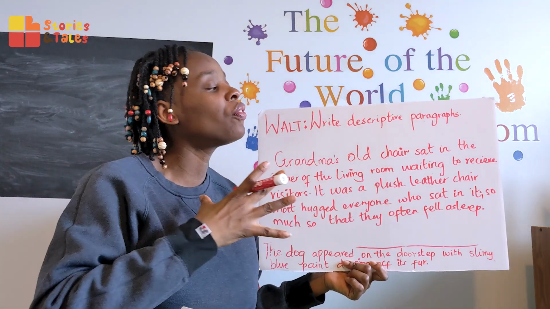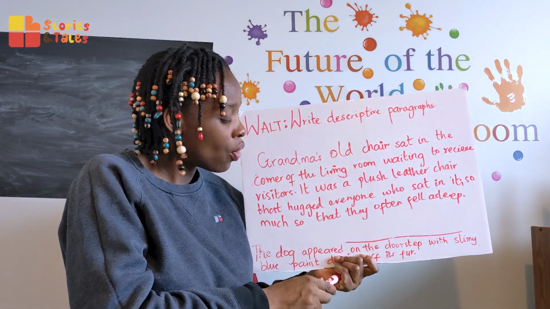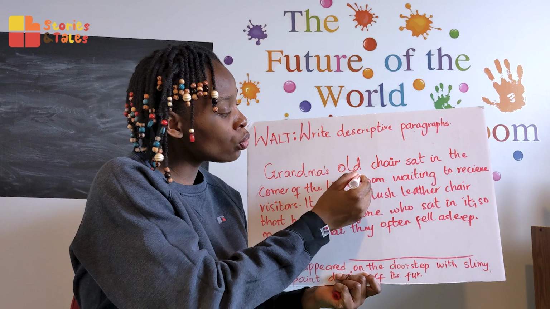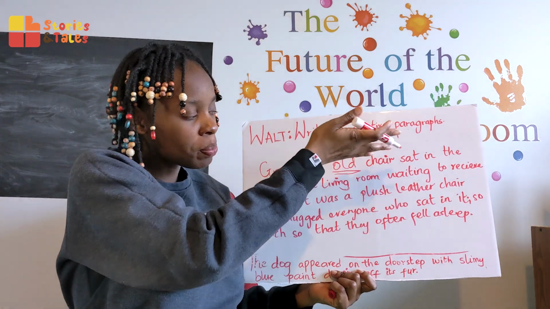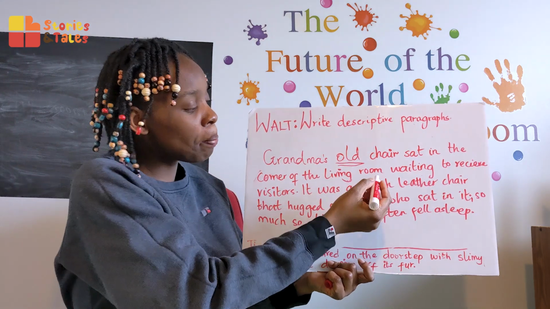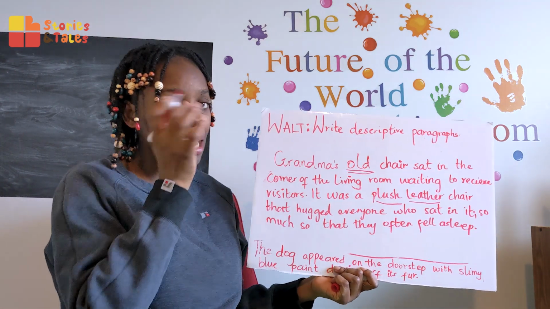Now let's figure out the descriptive words in this sentence. So I've got old. Old is describing the chair in the first sentence, and then I've got plush, and we've got leather. See?